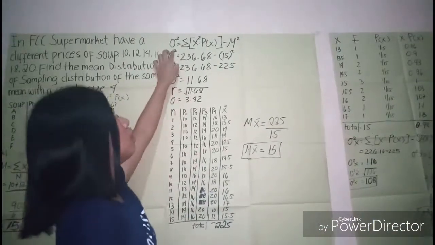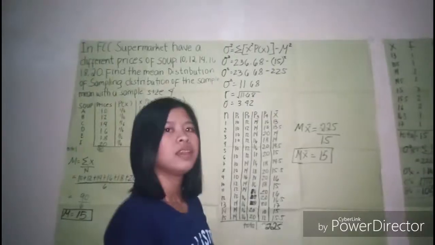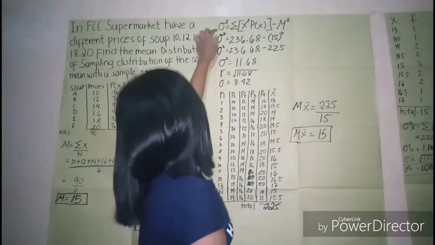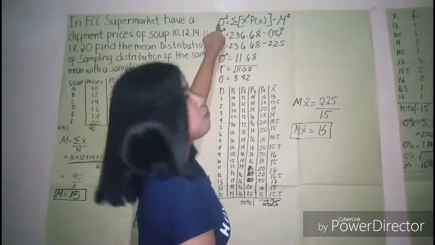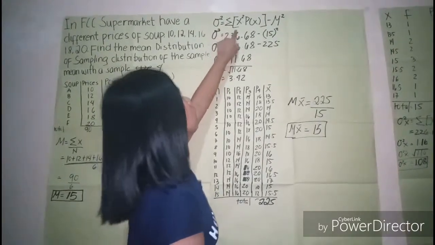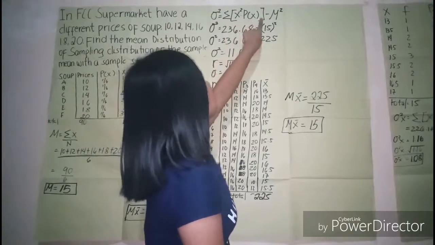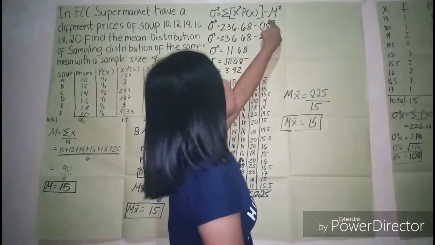So, ito yung formula ng population variance. Population variance equals to summation bracket x squared and p of x bracket minus mean squared.